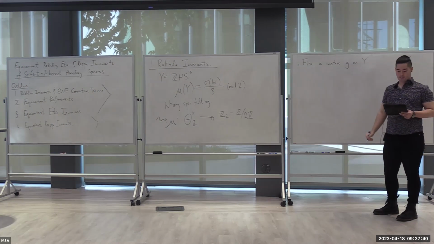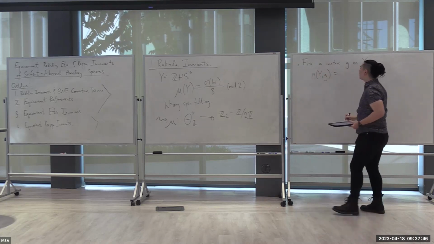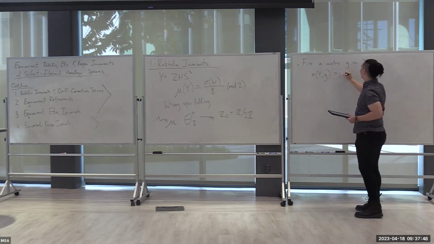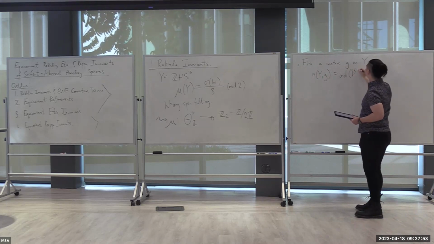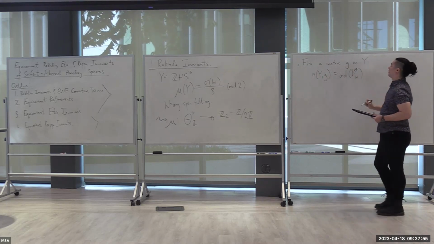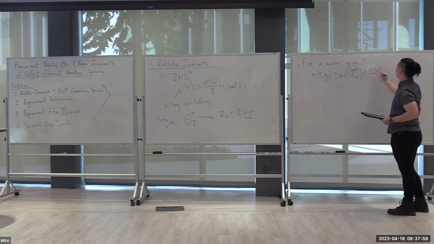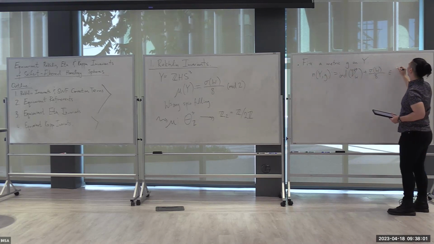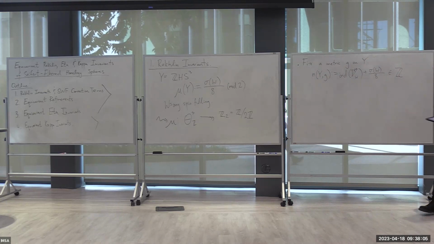Fix a metric g, and we'll define the following quantity. For Y with metric g, we take a spin filling again with a choice of metric, look at the index of the Dirac operator plus the signature of W over 8.